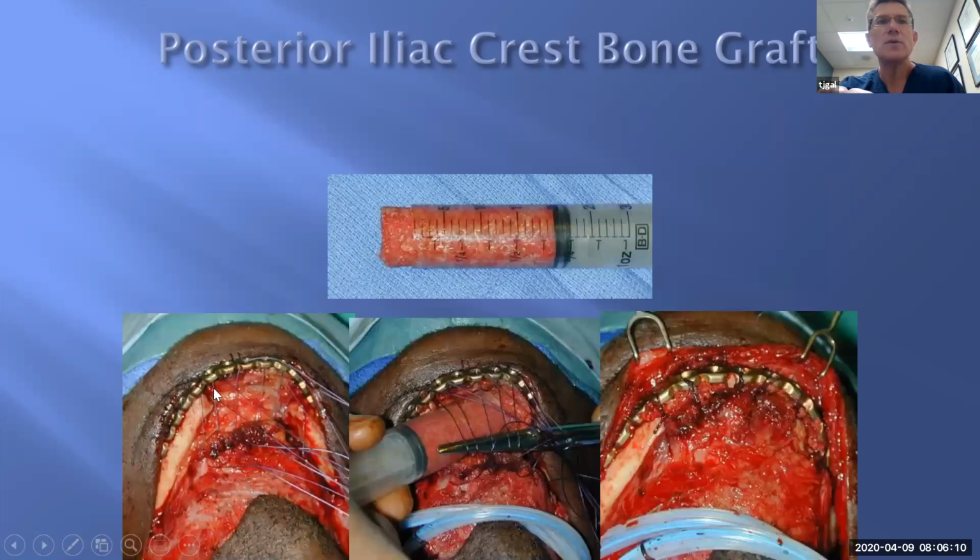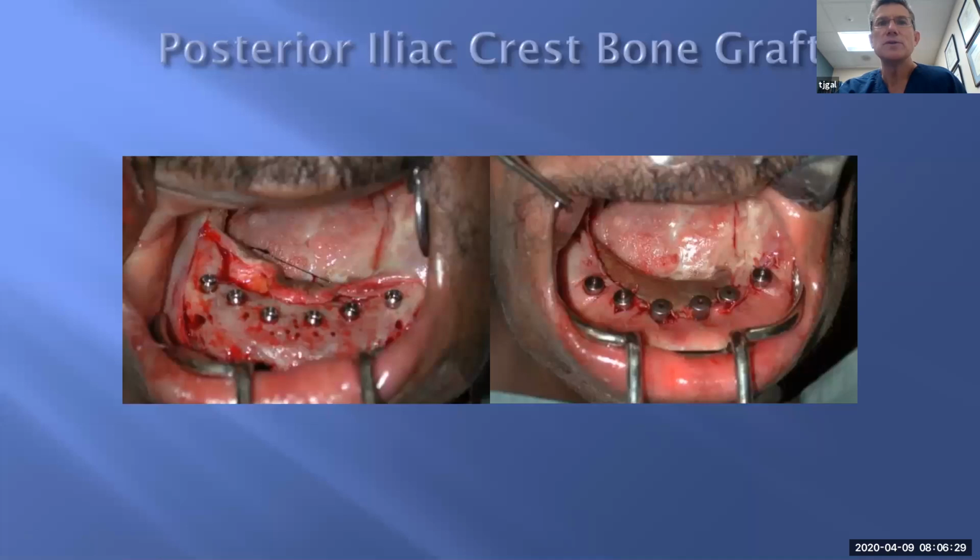You can actually even load this in there, secure it around the plate. You've still got a load-bearing plate until this heals, but you can get a fair amount of bone in there. I would probably put a free flap in there personally, but it's an option, and it will heal to the point where you can actually put implants in it. So it's an option. It's probably preferentially used by oral surgeons, although they're certainly starting to do their share of free flaps as well.